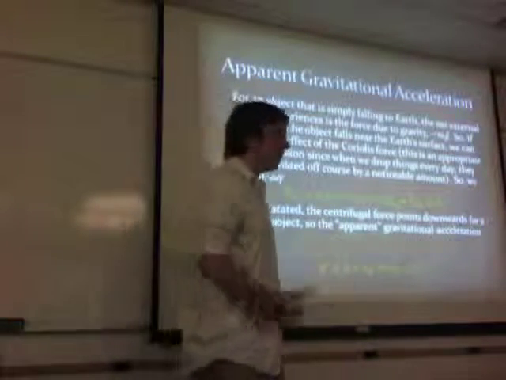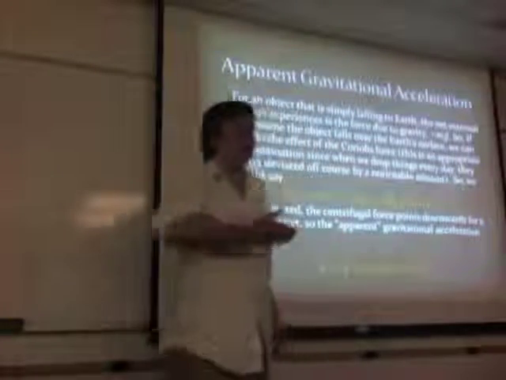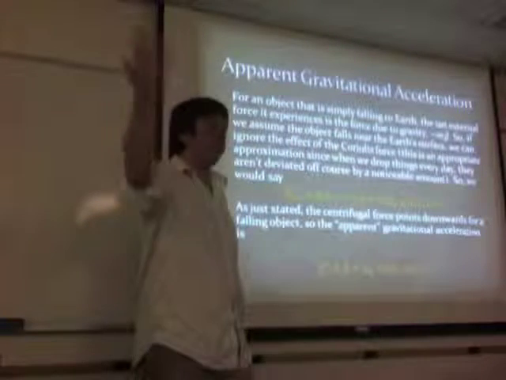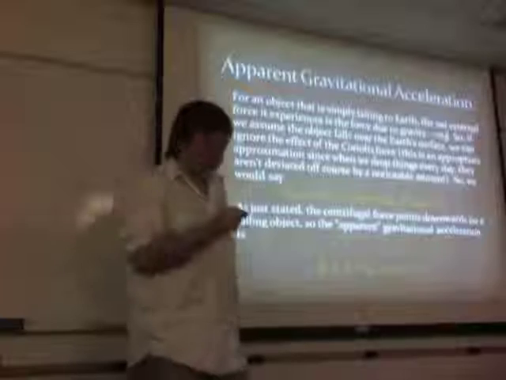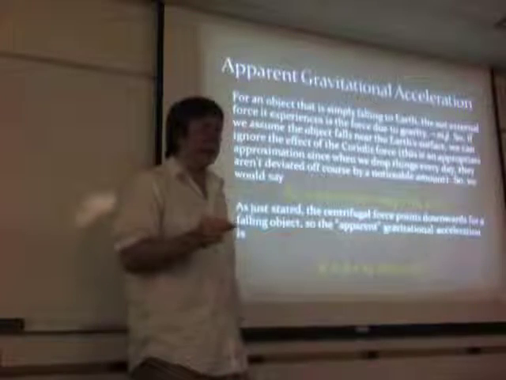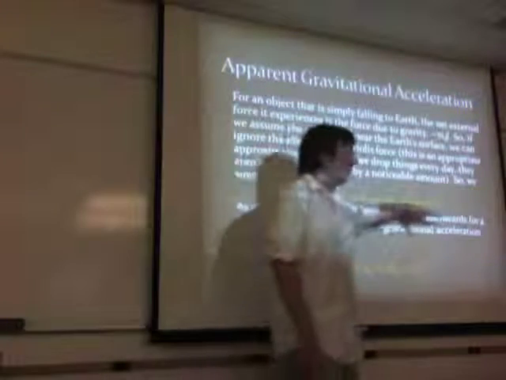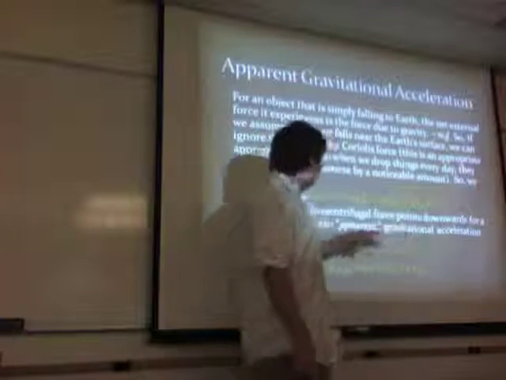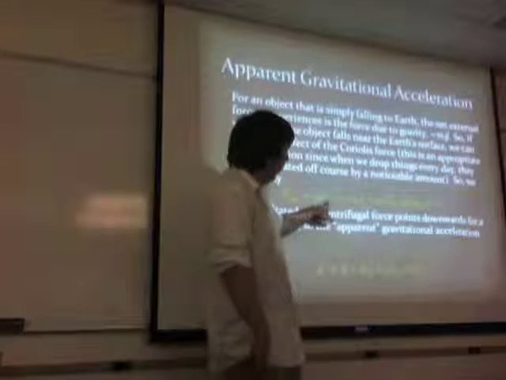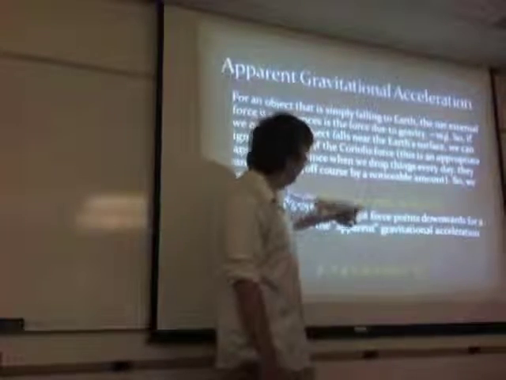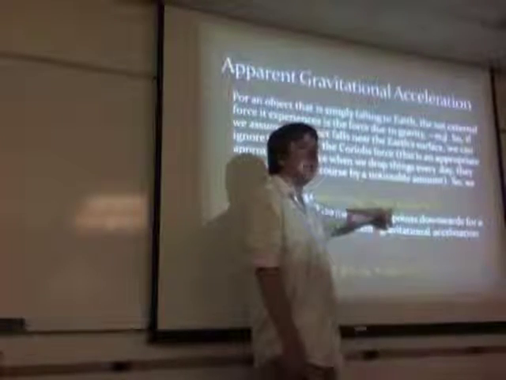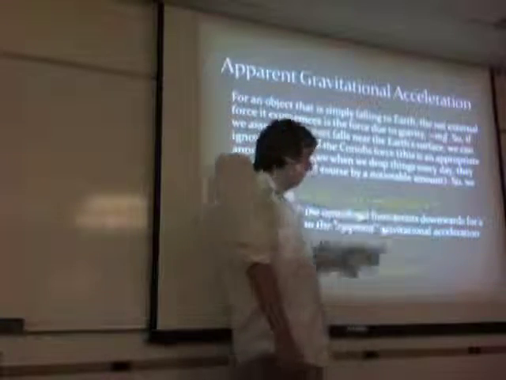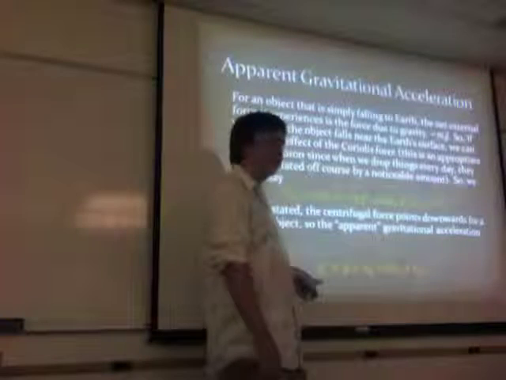The Coriolis force only exists along a large distance. Even dropping it from the Green Library, it would only deflect a minuscule amount. So you can ignore the Coriolis term in this. And then the acceleration looks like just the gravitational acceleration plus the acceleration due to the centrifugal force. Okay? This is called apparent gravitational acceleration.